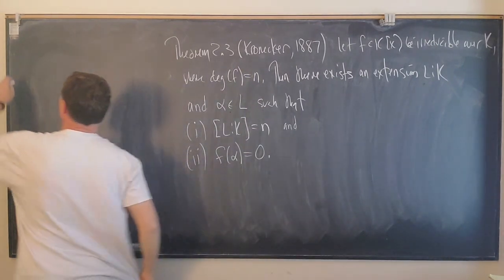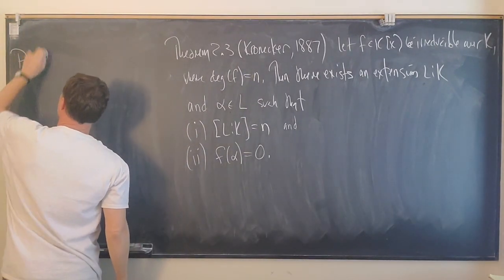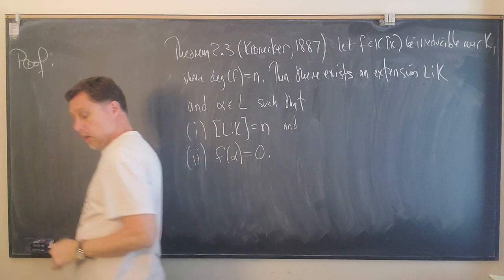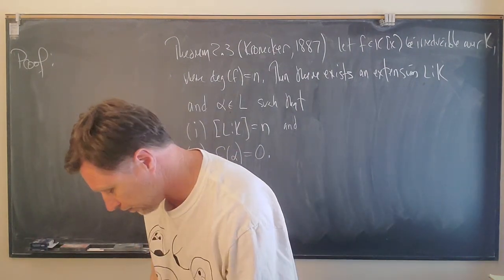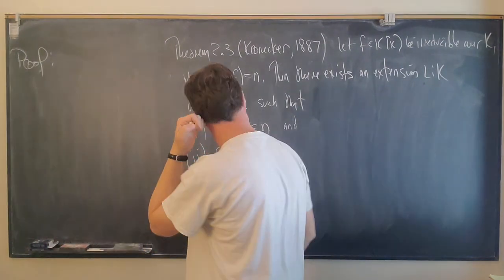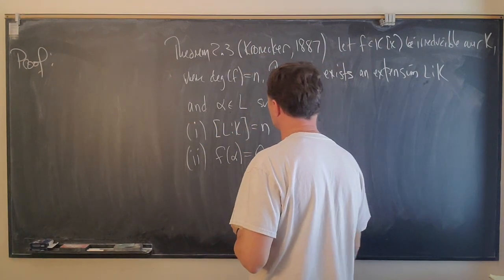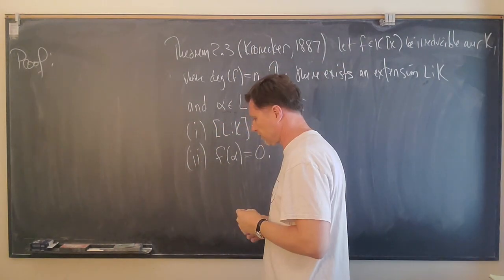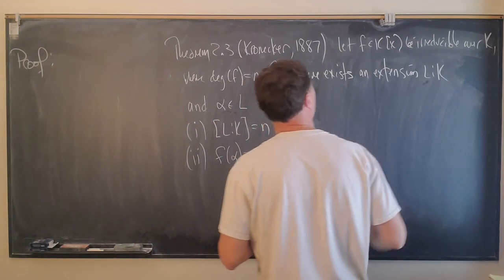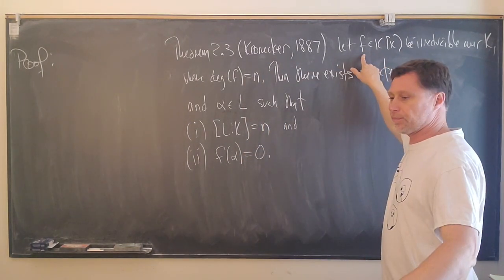Okay, now this proof is fun, so let's just enjoy it. Let's see, what do we need? We need a field. We need an L. An L needs to contain this root. Well, what do we have? We have an irreducible polynomial.